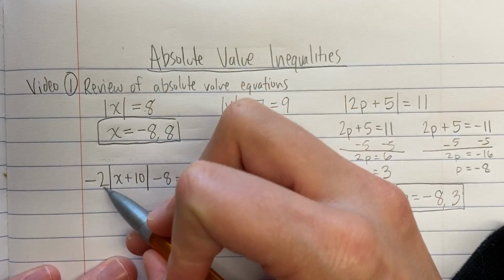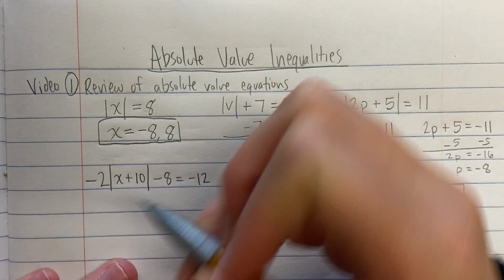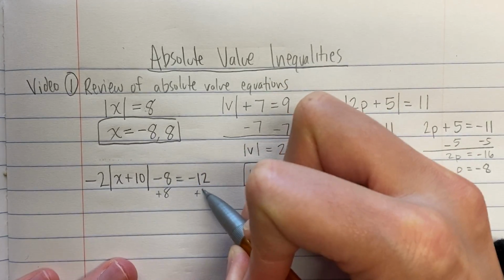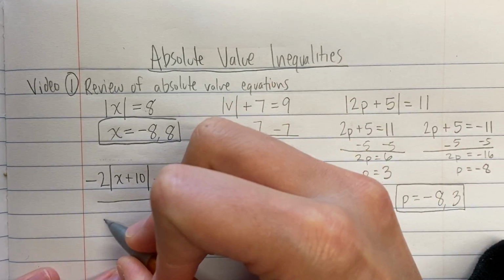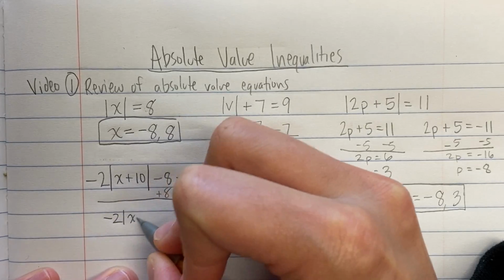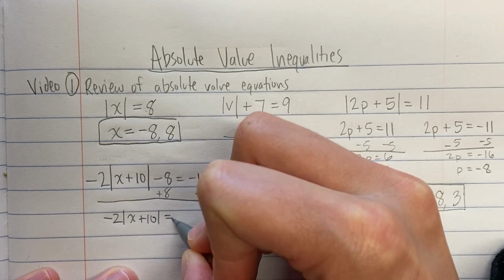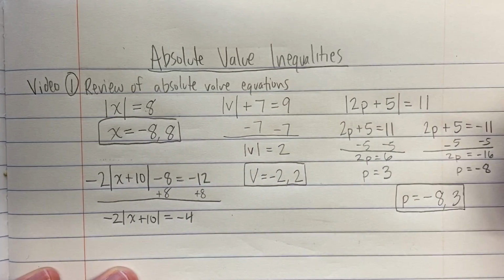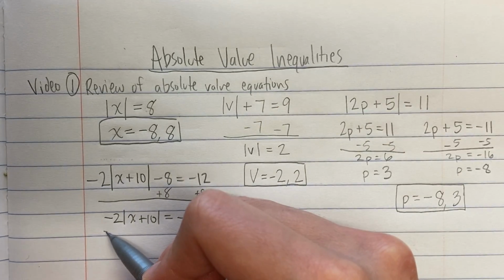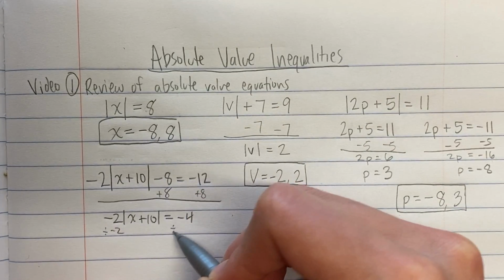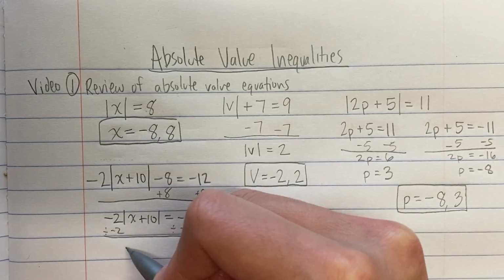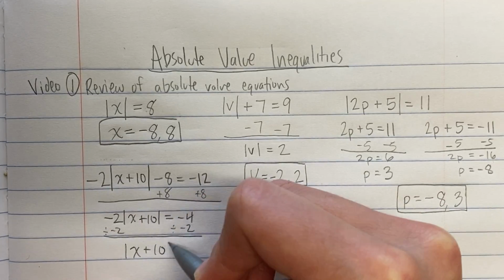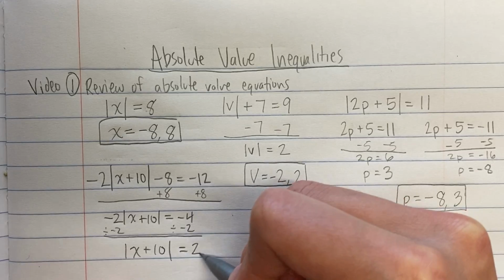So I'm going to first do what I would always do. Right here I have subtraction, I have multiplication. I'm going to add 8 to both sides. This is negative 2 times the absolute value of x plus 10 equals negative 4. And then this negative 2 is being multiplied, so I'm going to divide by negative 2. And I get the absolute value of x plus 10 equals 2.